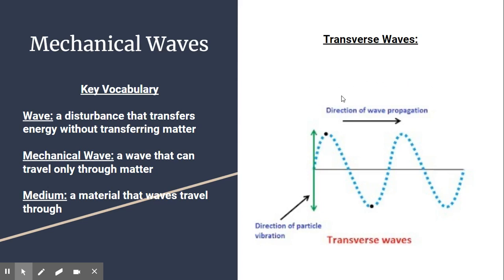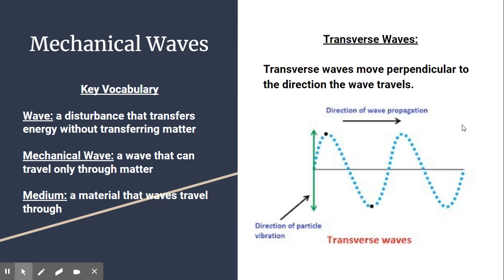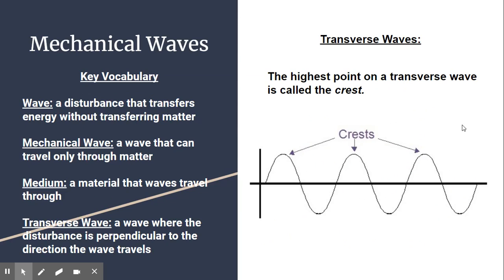The energy is going in this direction. And the particles, though, get raised up and down. So they're perpendicular to the direction of the motion. And that's part of the definition for a transverse wave. They move perpendicular to the direction the wave travels.